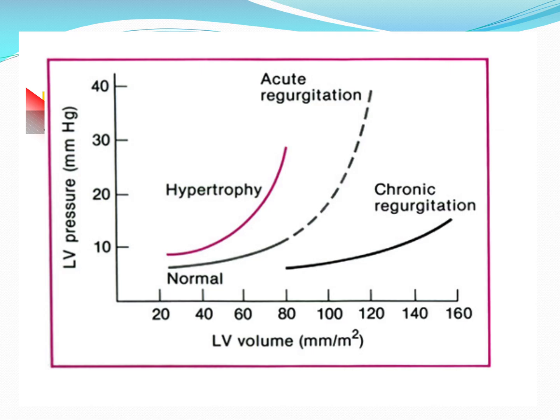This would happen with chronic regurgitation. There's a right shift of the curve. Left shift of the curve occurs, of course, in concentric hypertrophy, the ones we talked about in aortic stenosis, for example, pressure overload. And in the middle, when there is acute regurgitation, you don't have time to change the position of your curve.